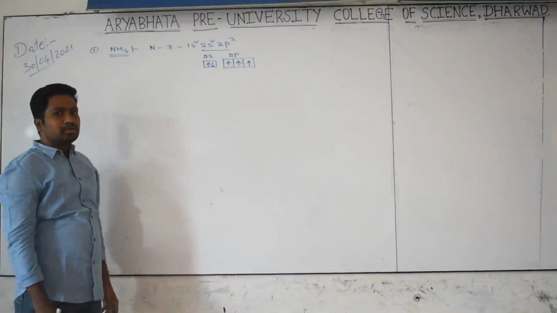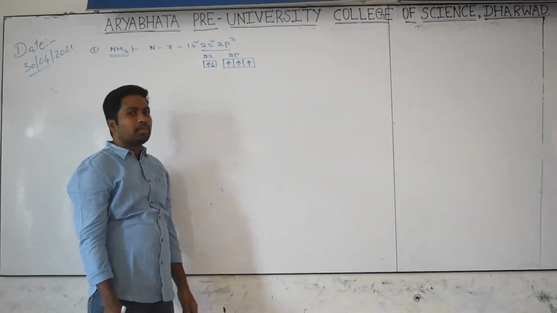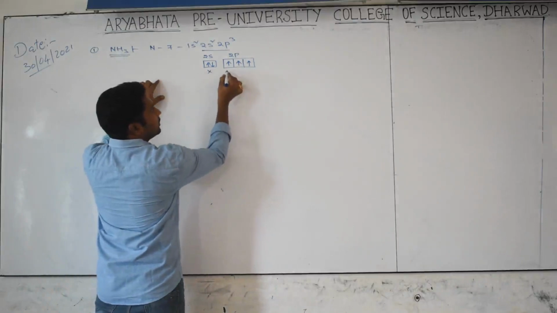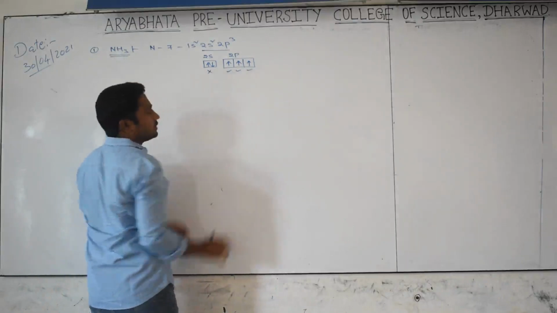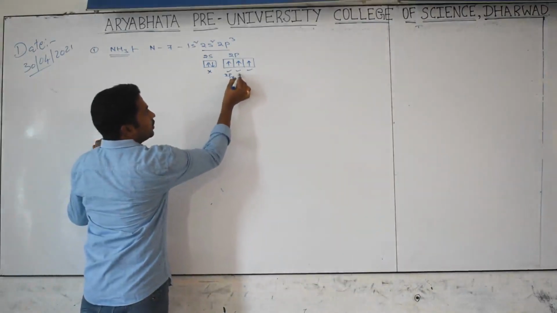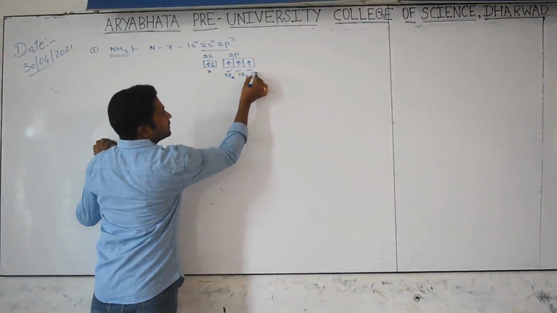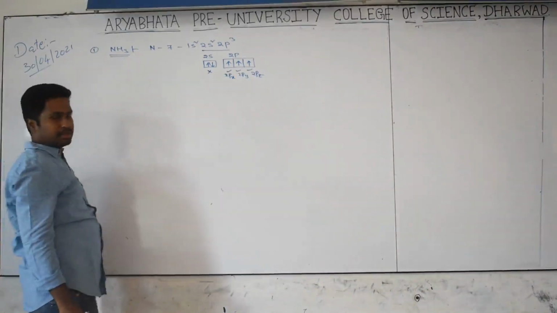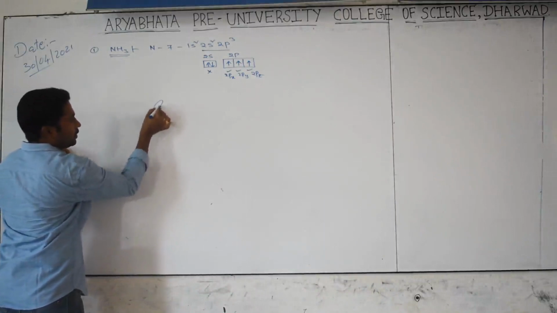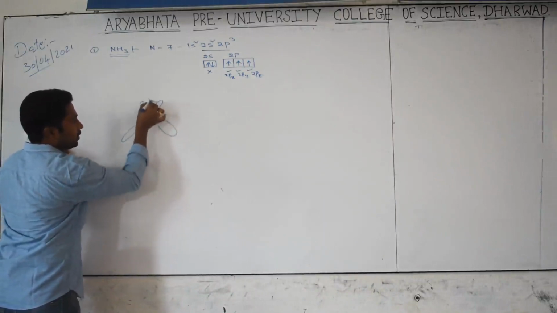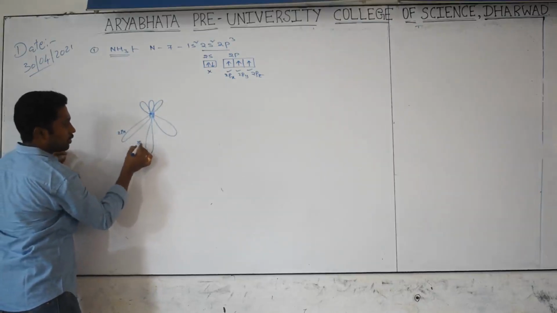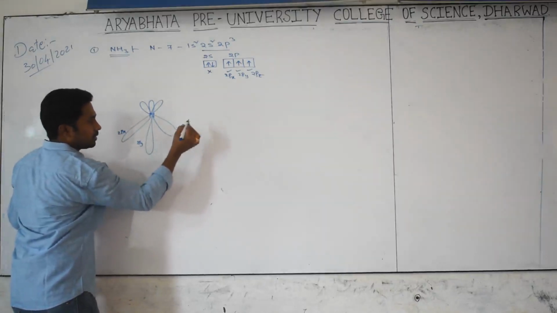From nitrogen, which orbitals are involved in the overlapping? Valence shell orbitals, but the paired one is not involved. These are involved, this one and this one. So right now they are the 2px, 2py and 2pz orbitals. This is the p orbital representation. Around the nitrogen, we have three p orbitals lying: the 2px, 2py and 2pz orbitals.